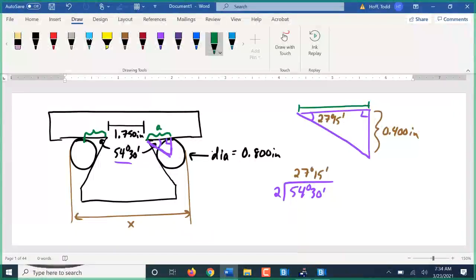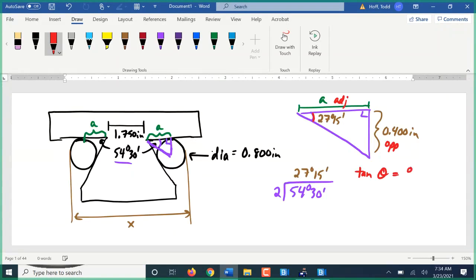So we'll label that dimension A, and we'll find it over here. On our right triangle, from the 27 degrees, 15 minutes angle, side A is the adjacent side. It's touching our angle. The 0.4 is the opposite side, across from our angle. So opposite and adjacent make tangent.